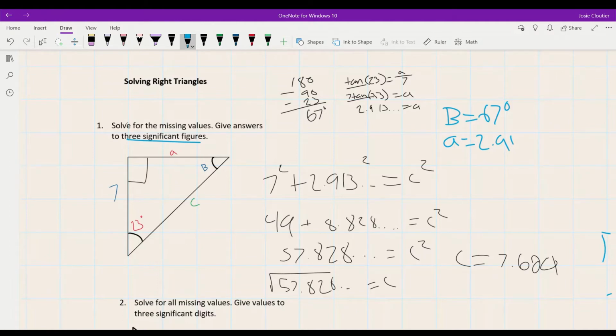So 3 significant digits, so c is equal to 7.60.